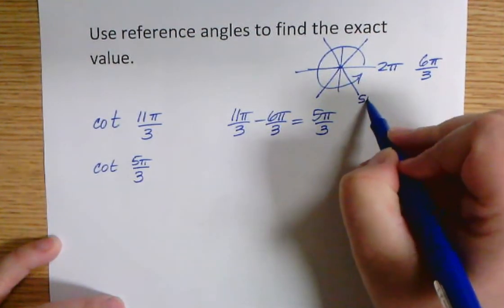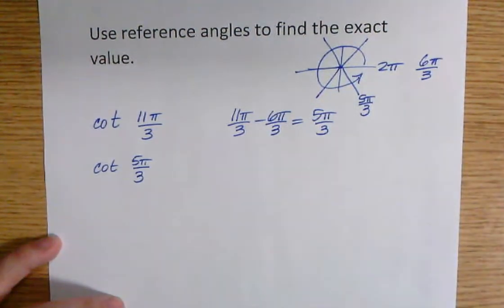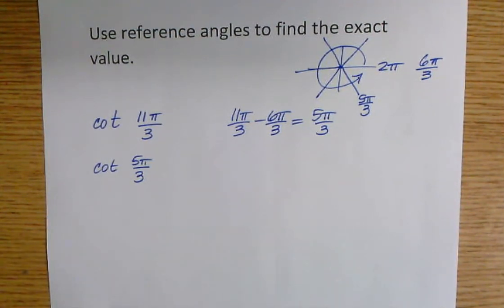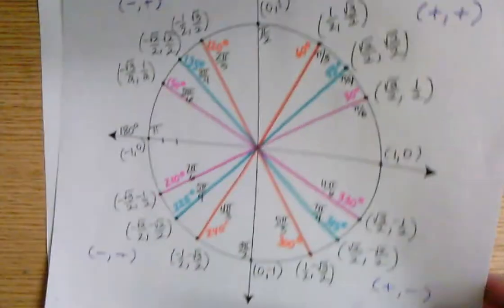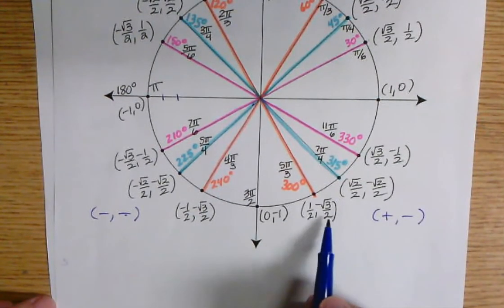It's right here. That's a unit circle value. I don't really understand why they're asking me to use reference angles if I have the unit circle, because I can look at it and see my values for sine and cosine. Let's figure out how to get cotangent from those.